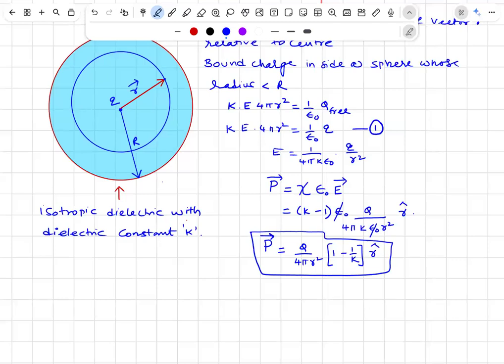Again, the polarization vector. What do you want? Bound charge.